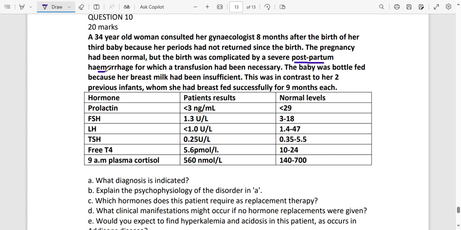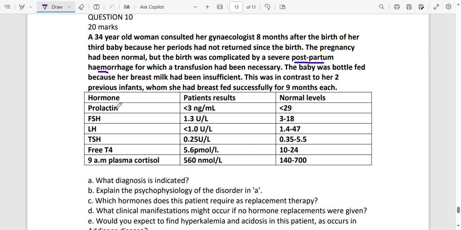Severe postpartum hemorrhage, for which transfusion had been necessary. The baby was bottle fed because her breast milk had been insufficient. This was in contrast to her two previous infants whom she had breastfed successfully for 9 months each.